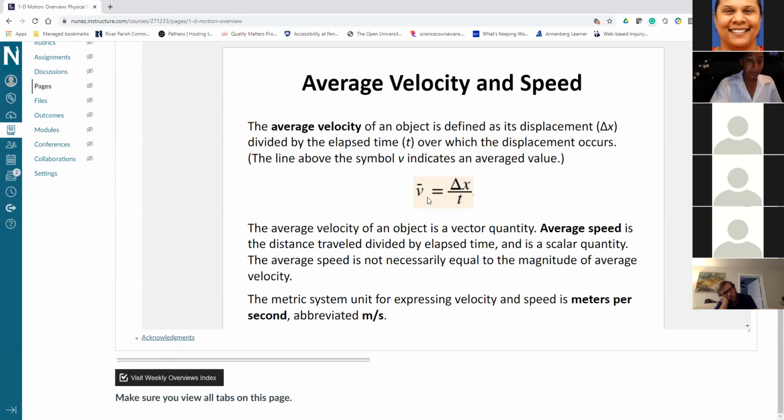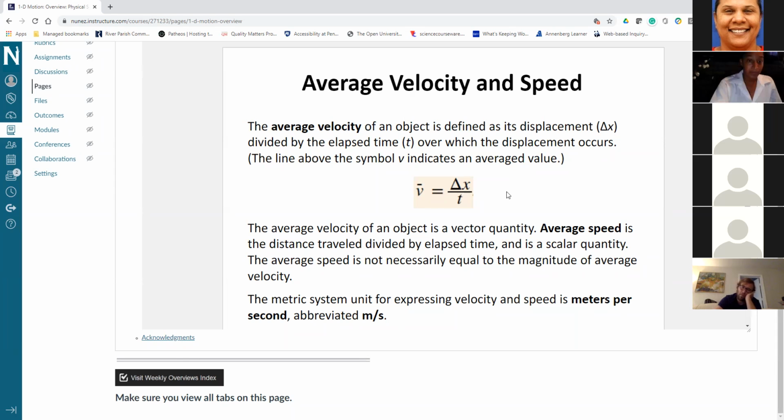So the average velocity is the change in position over the change in time. But if we start our clock at 0, we can just use t. We don't have to write delta t, we can just write t.